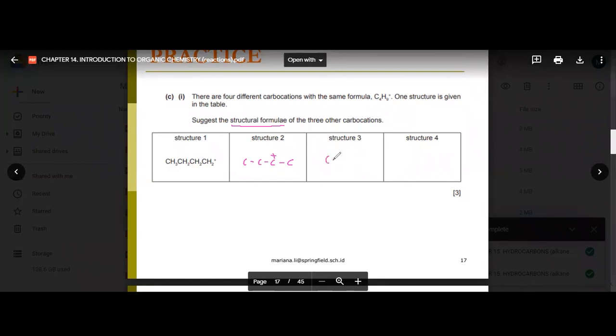So now let's make the branched carbon-carbon chain. Now we can put the positive charge at the first carbon here, and at the second carbon. Ta-da! Done. Okay, there are 4 structures for the carbocations with the formula C4H9+. If I ask you, which structure is the most stable?